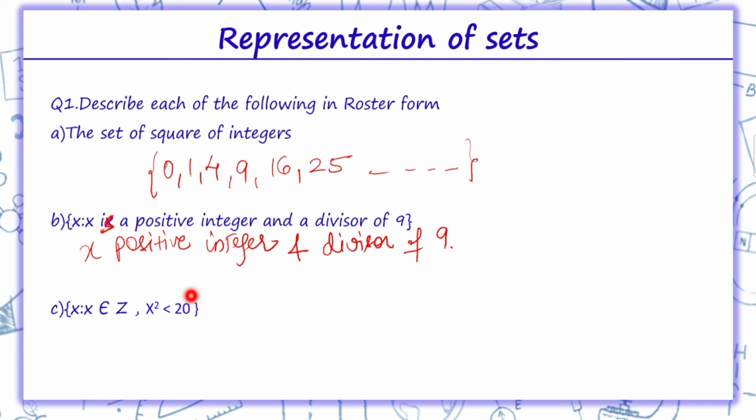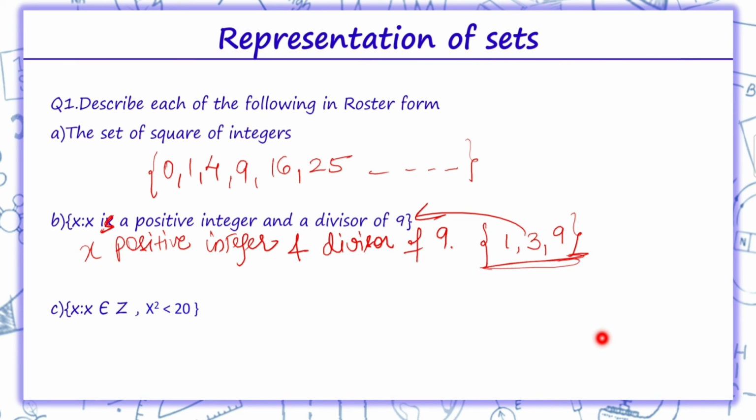So x is a positive integer. It comes in the table of 9, like 1, 3, 9. So this is the roster form of this particular set. X is a positive integer. We have written all positive integers which are divisors of 9. 1 is a divisor of 9, 3 is also a divisor of 9, 9 is also a divisor of 9.